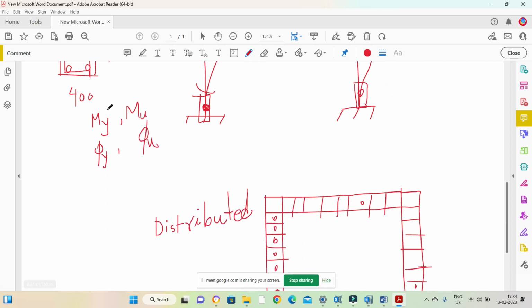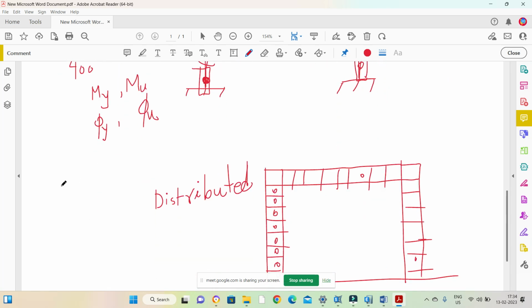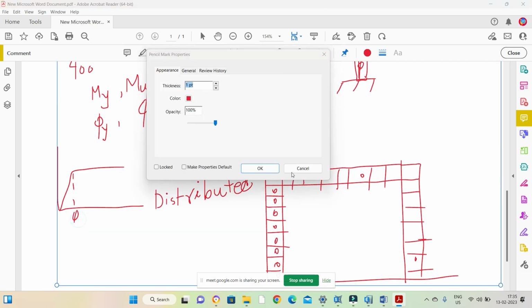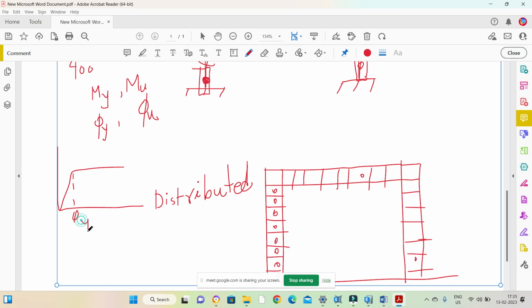Now if you know these for a particular section, you can plot this. This is your phi y, this is your phi u, and this is your My, and this is your Mu.